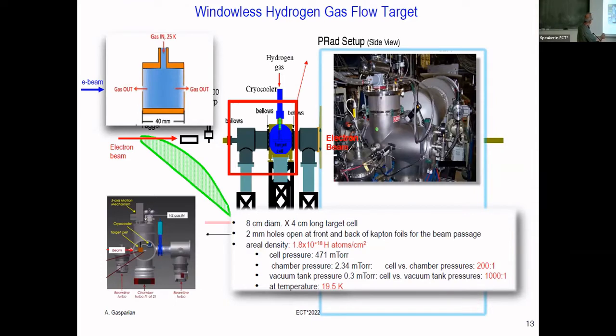Just a few simple words about the simplified gas flow hydrogen target, windowless. Cryogenic gas is dropped from the top and goes through these 2 millimeter windows where the beam comes in, and we are pumping it out of the beam line with 4 or 5 high capacity pumps. That's a part of Hall B looking from top to down, and this whole thing is our complicated setup.